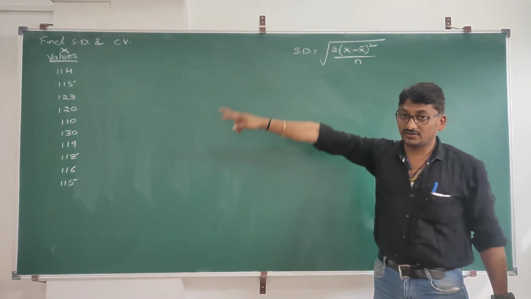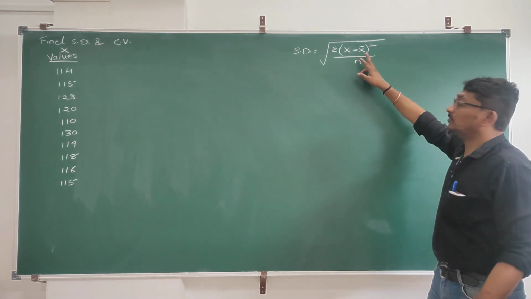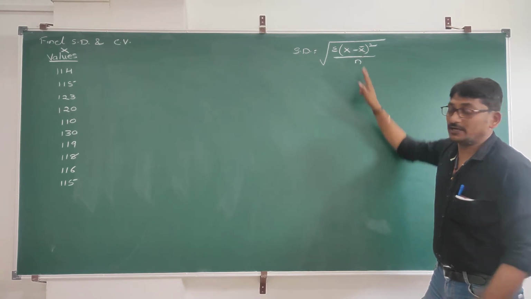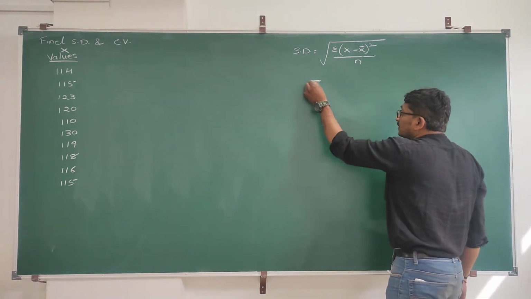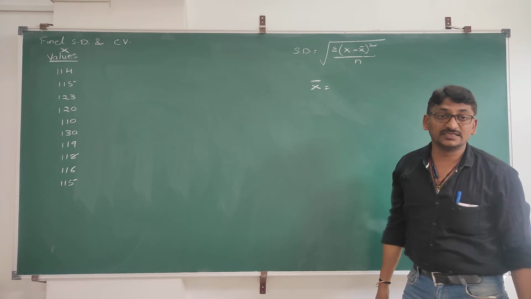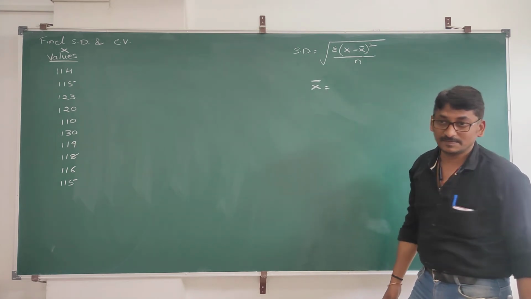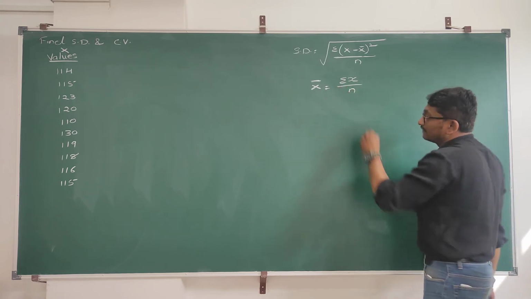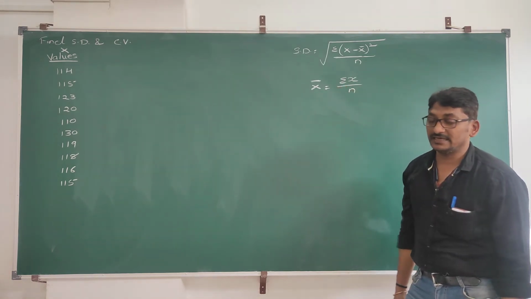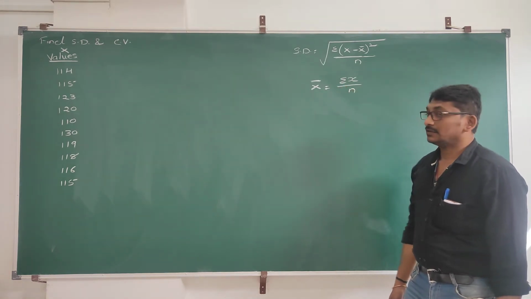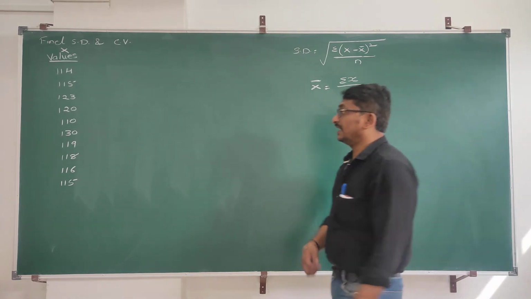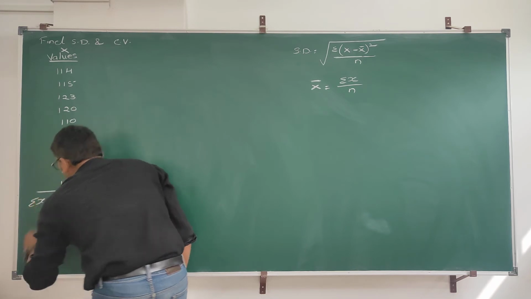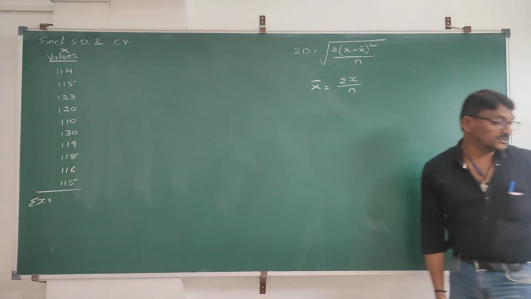Already x values are known to you, but we don't know x bar. Means first of all we have to calculate the x bar value. Now, what is the formula to calculate x bar for ungrouped series? Formula is summation x upon n. Now summation x is nothing but the total of x values.